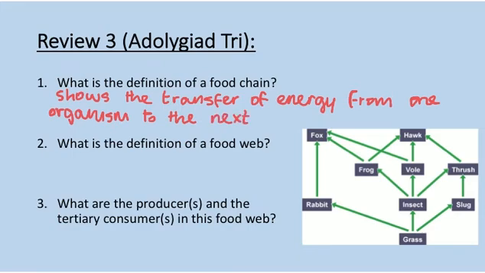Okay, so that's the definition that's good to remember for exam questions. So a food chain shows the transfer of energy from one organism to the next, in an ecosystem. Okay, so that's a really good definition for you guys to remember. So if you don't have an answer that looks like this, please could you write that down.